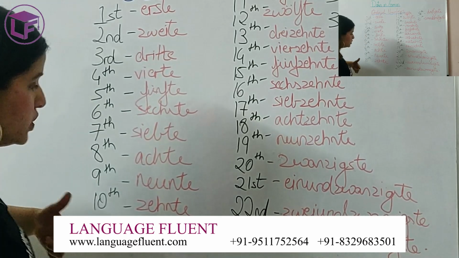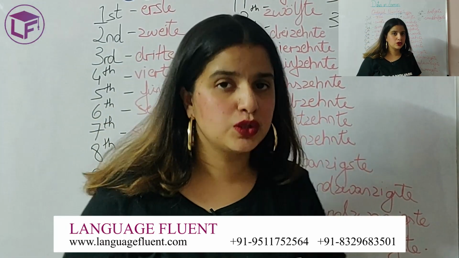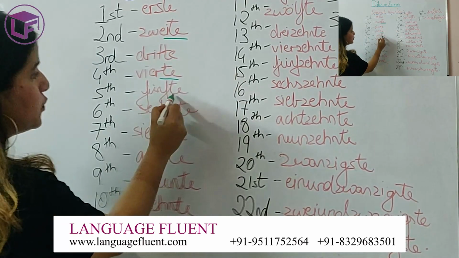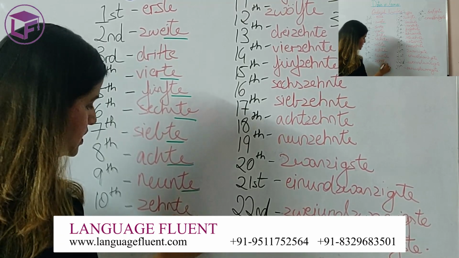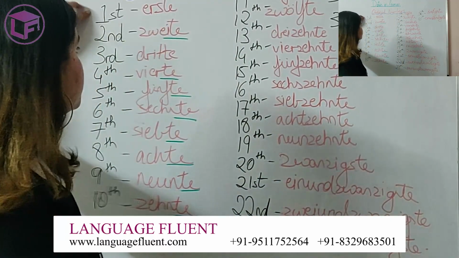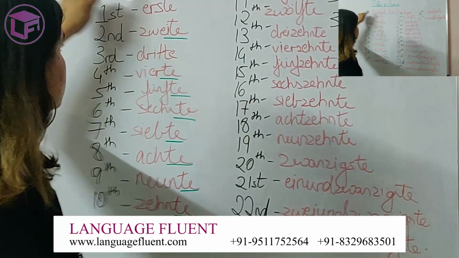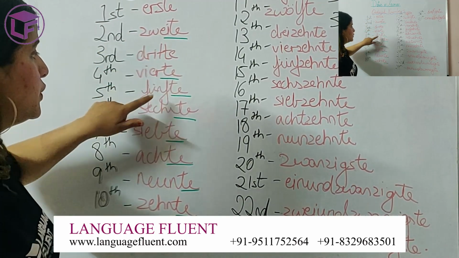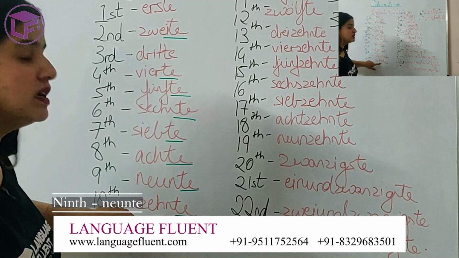From the fourth onwards, the pattern is to add T and E: vierte, fünfte, sechste, siebte, achte, neunte, zehnte. Only first and third are different, erste and dritte. Let's repeat: erste, zweite, dritte, vierte, fünfte, sechste, siebte, achte, neunte, zehnte.